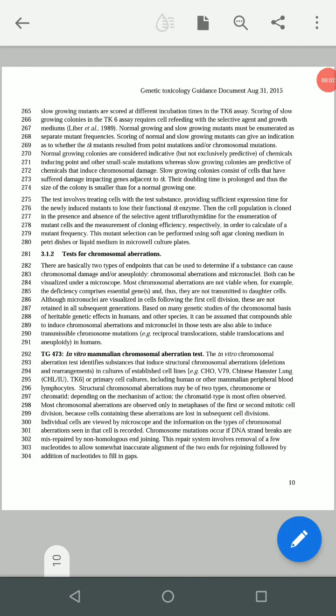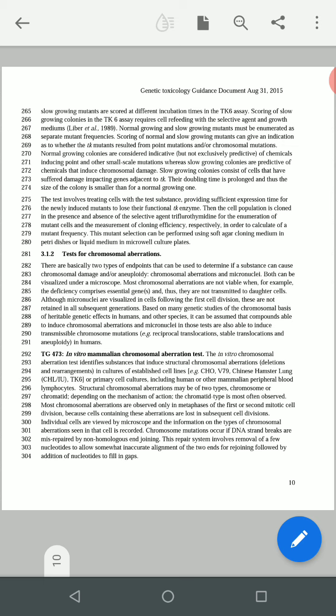Okay. Good morning, students. Last class I discussed the bacterial reverse mutation test, or simply the Ames test. We are in discussion about genotoxicity studies. Alteration of the gene structure is called mutation.